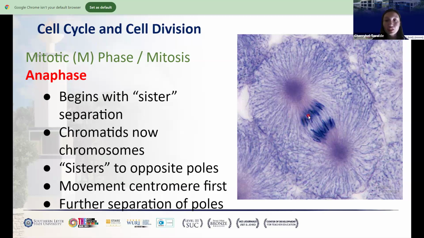So, ayan, your sister chromatids, hindi na sila magiging sister kaya naghiwalay na. Magiging new chromosomes na sila. Here, one copy here, and then another copy here. And then, yan yung parang distinct na nangyayari sa anaphase, the separation of the sister chromatids.